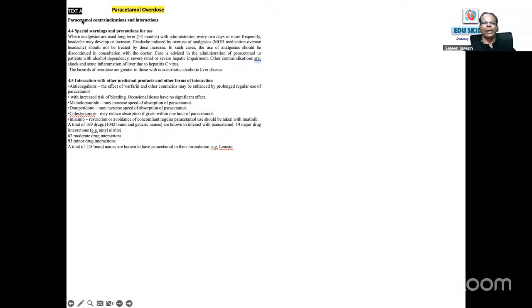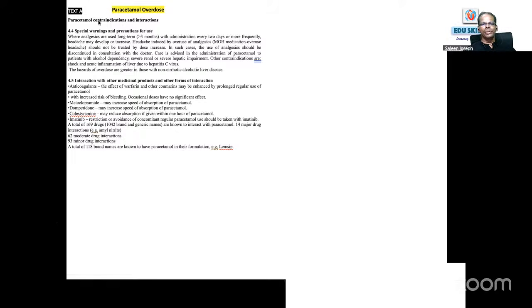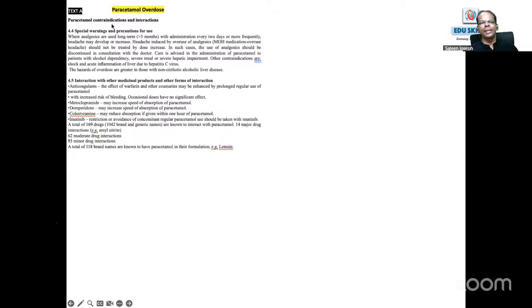Contraindications means warnings, and you have interaction. So this heading is a summary of these subheadings, 4.4 and 4.5, summarized into one heading: paracetamol contraindications and interactions. So the words are here: warnings, contraindications, interactions. That's how you have to understand.